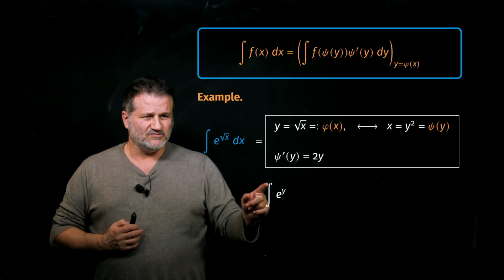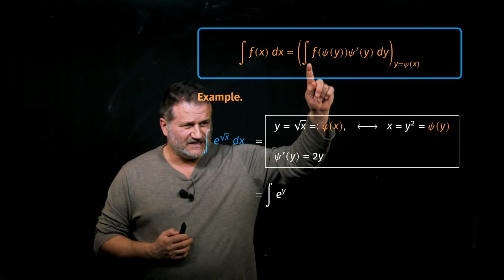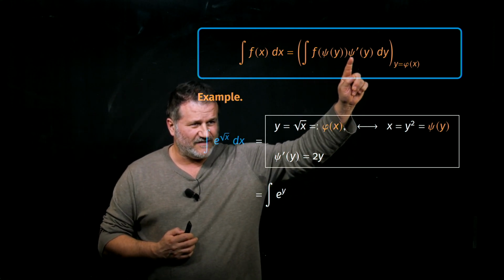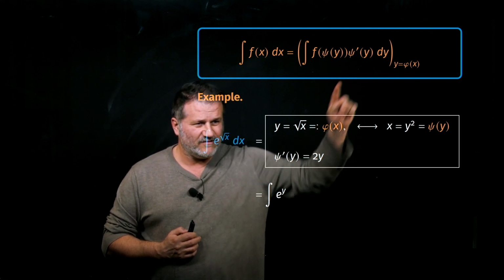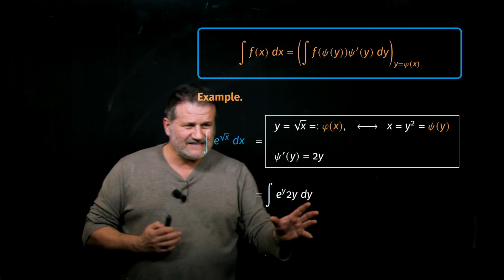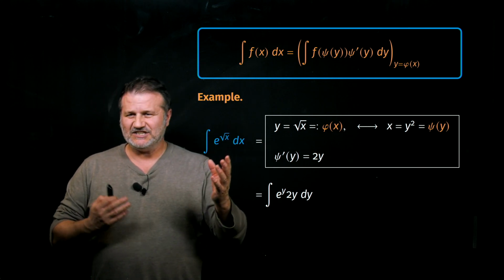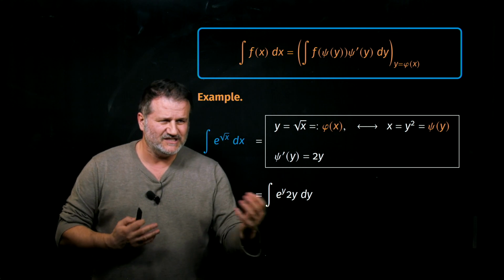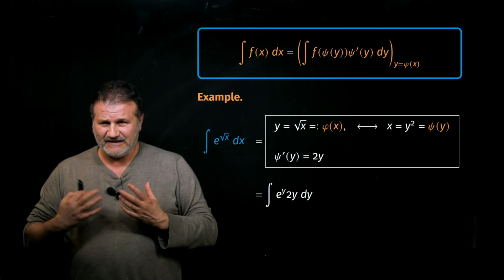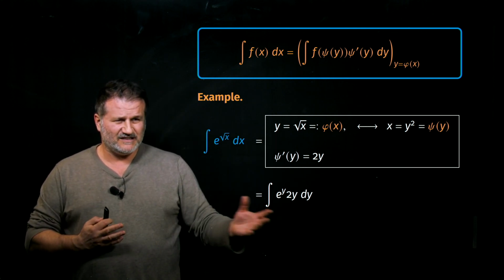This becomes e to y, and then, so this is this part here, and then we have the factor psi prime of y, which is just 2y, and that's the new primitive we have to compute, which is a bit easier than the initial one. At least here we may imagine that with an application of integration by parts, we will solve the problem.